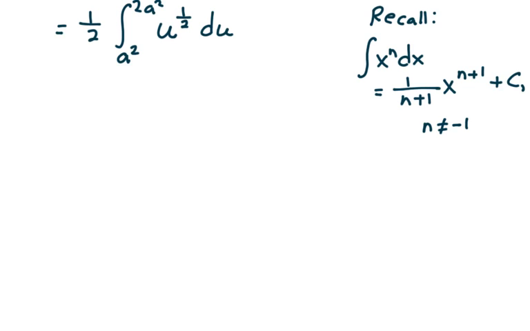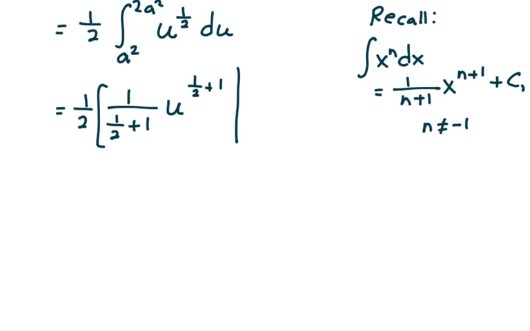Because if n is -1, we have division by 0, and you don't want that. Now, here, I'm going to get 1/2 times 1 over 1/2 plus 1, u to the 1/2 plus 1, evaluated from a squared to 2a squared.